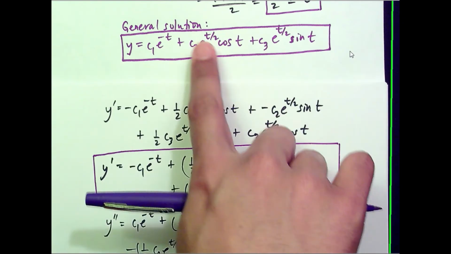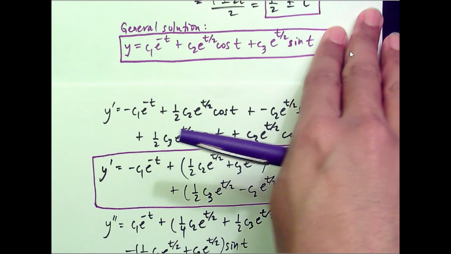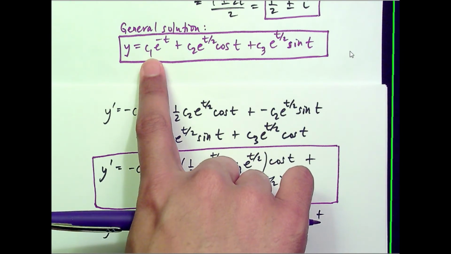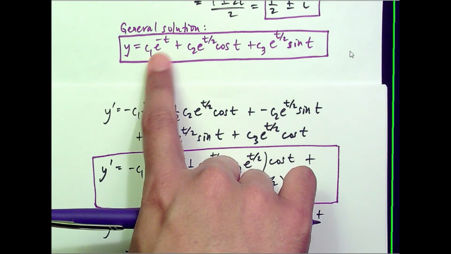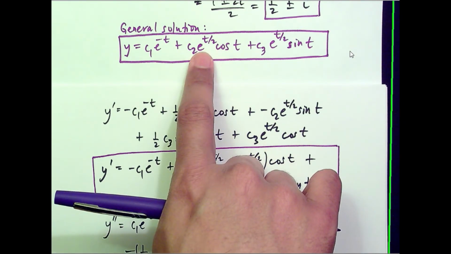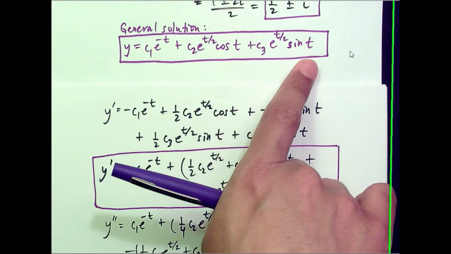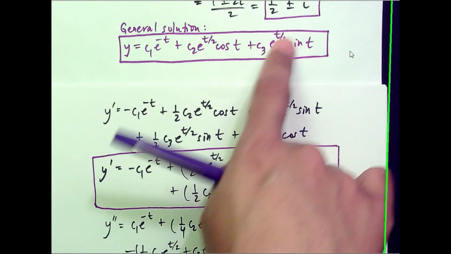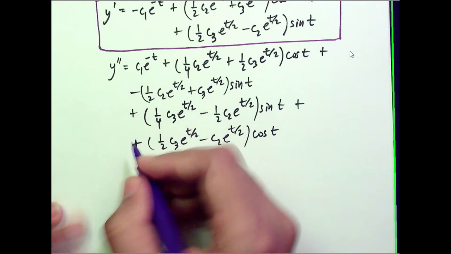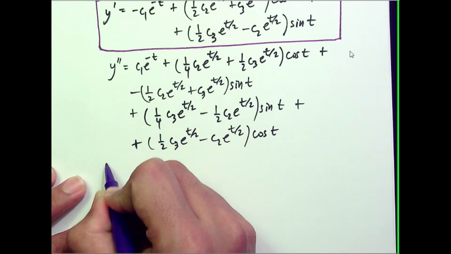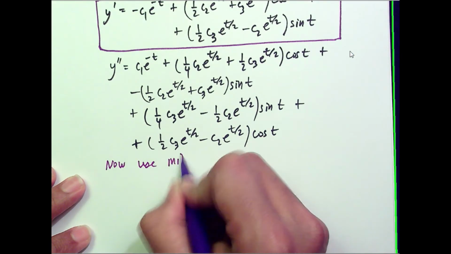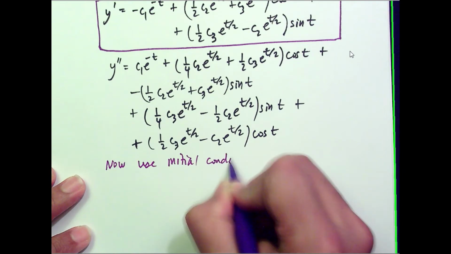When you plug in 0 in the original, in y, you're going to get c1, e to the 0 is 1, so you're going to get c1, cosine of 0 is 1, so you're going to get c2 from here, and sine of 0 is 0. So that disappears. So you're going to get c1 plus c2. Now use initial conditions.